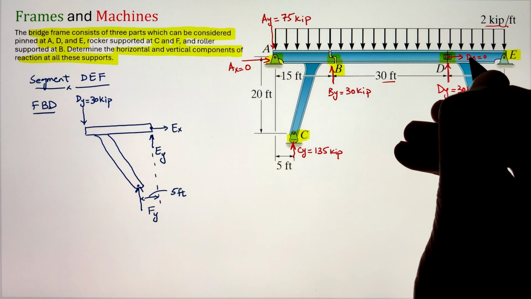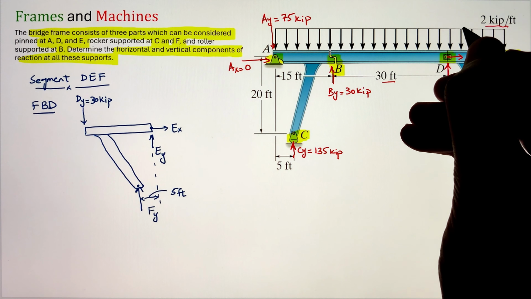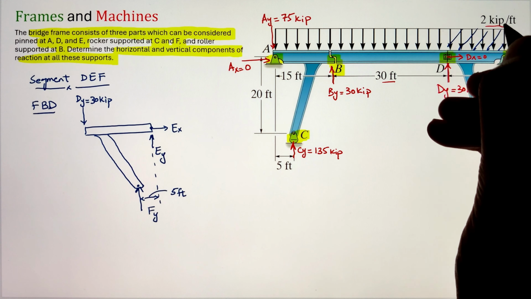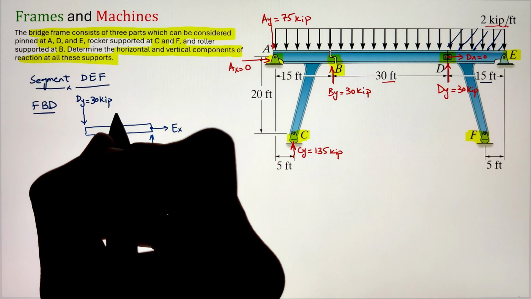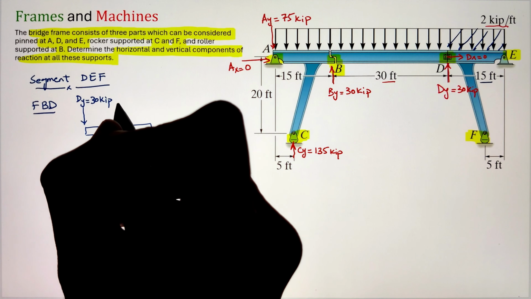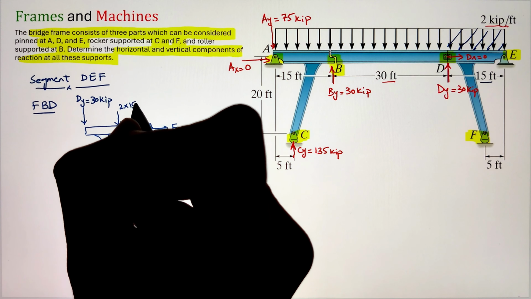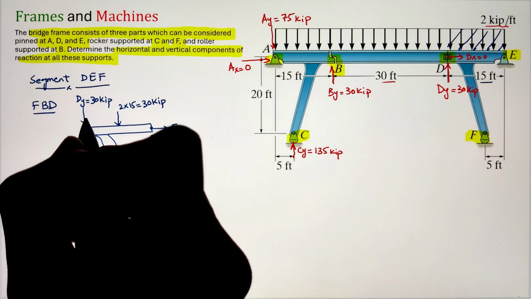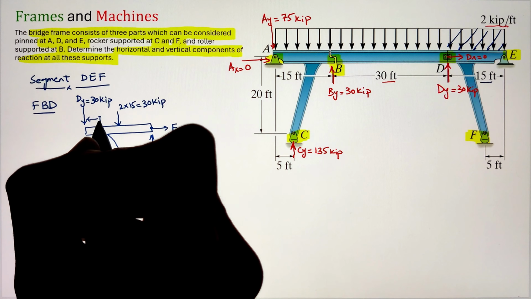So finally, let's convert our distributed load into a point load again. 2 times 15 feet gives us the point load of 30 kip that will act at the centroid of that rectangular section, that is 7.5 feet from point D or 7.5 feet from point E.